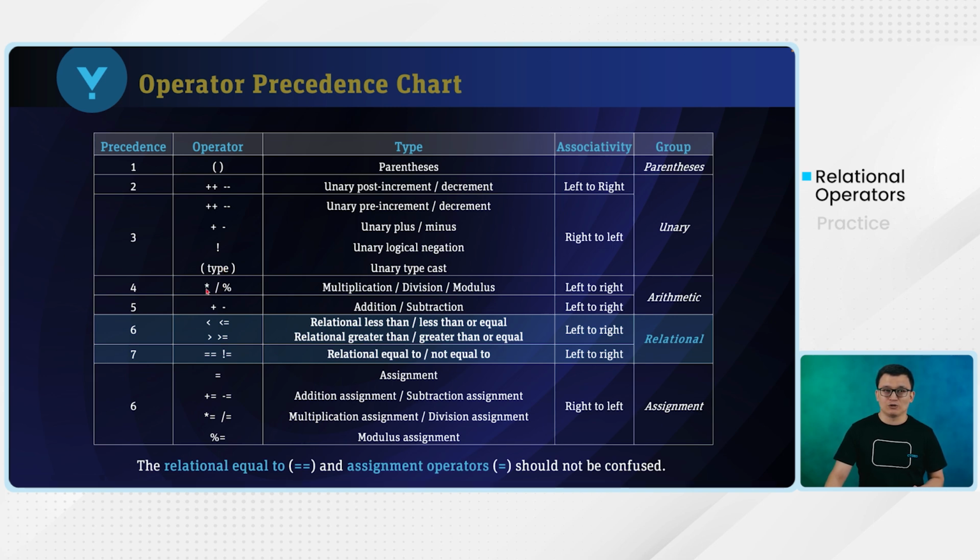Then the arithmetic operators, so multiplication, division, remainder, and addition and subtraction. Then next we have the first 4 relational operators, less than, less than or equal, greater than, greater than or equal. And after those 4 relational operators, at the next level of precedence we have the equal and not equal operators. Okay, and as you can see, shorthand assignment operators have the lowest precedence.